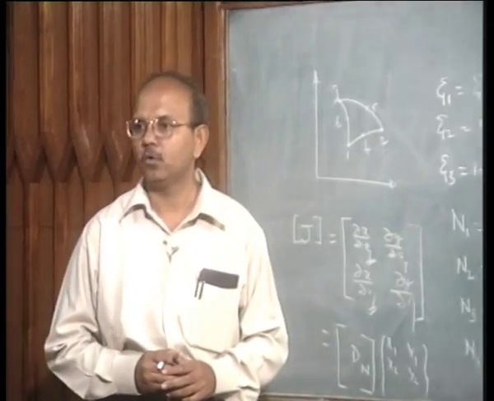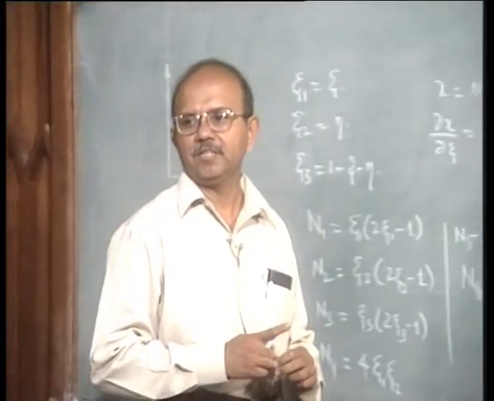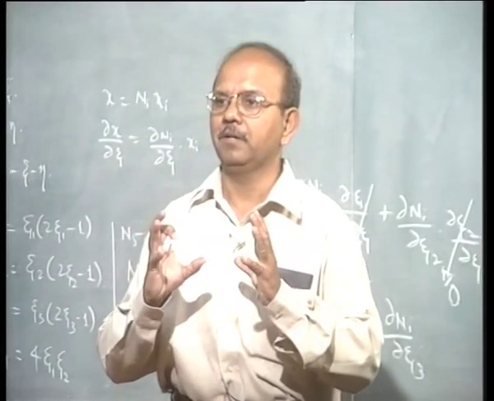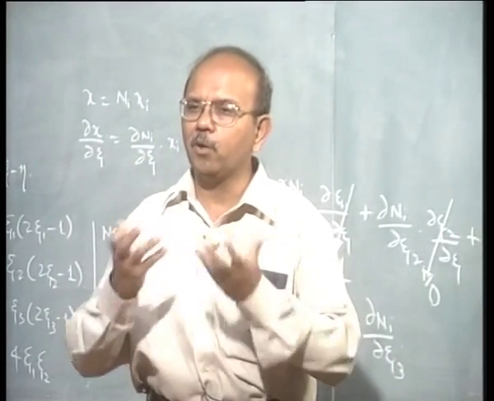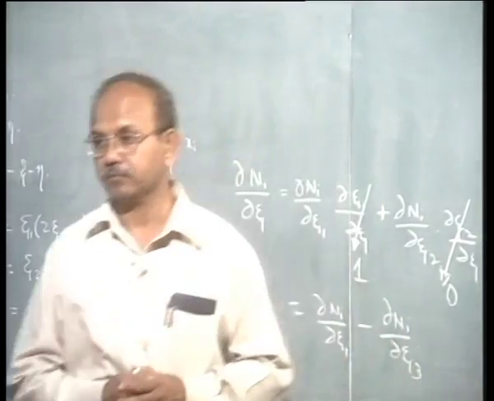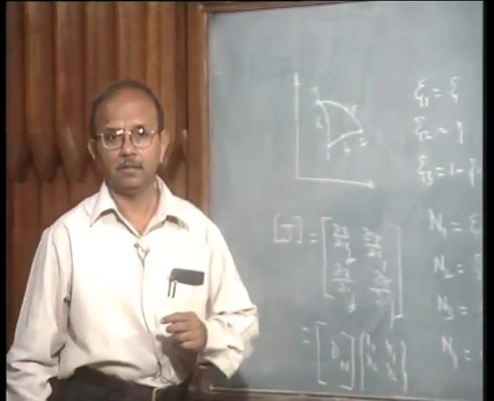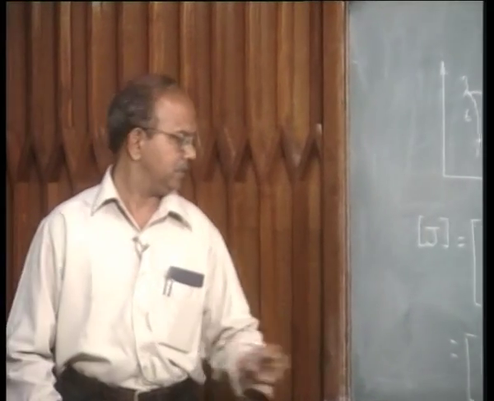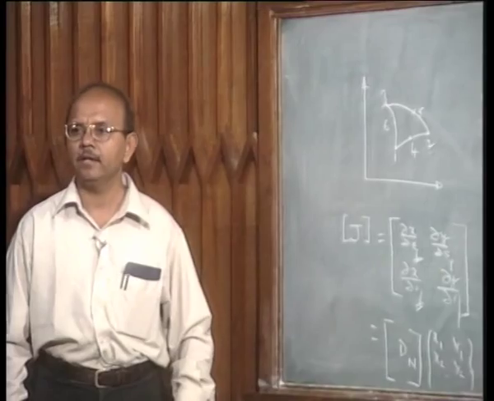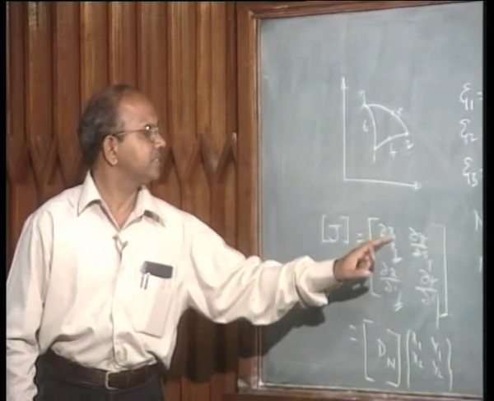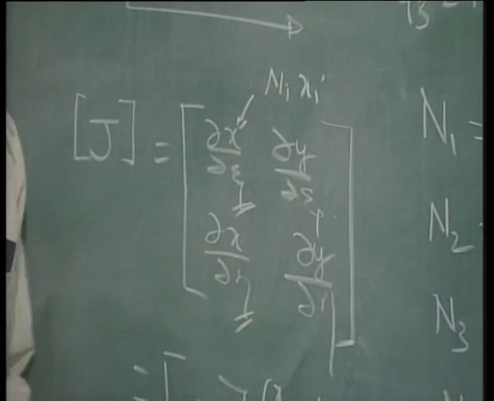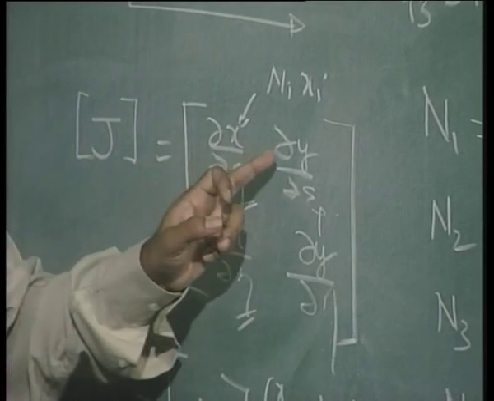Now there are two ways in which Dn can be written. Again, I am not confusing, but I am trying to say that these are very logical things. There is nothing very difficult about it. For example, I can write down the same J as Dn times the coordinates. After all, what are these? I am going to substitute here for Ni xi, and here Ni yi.